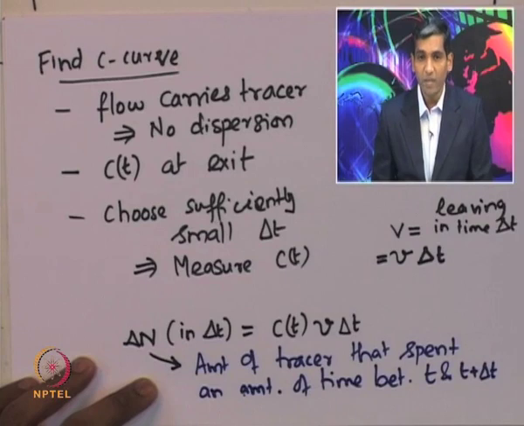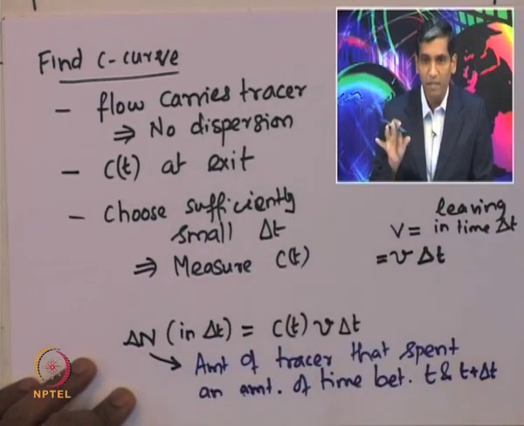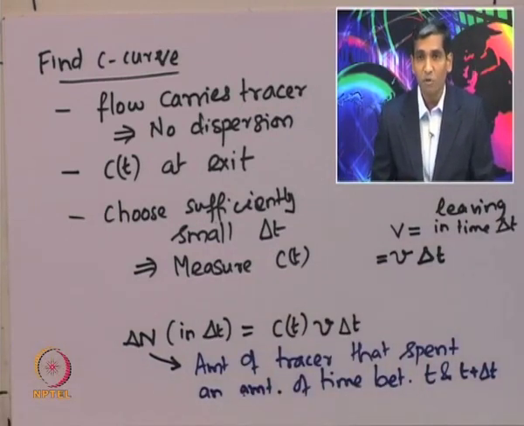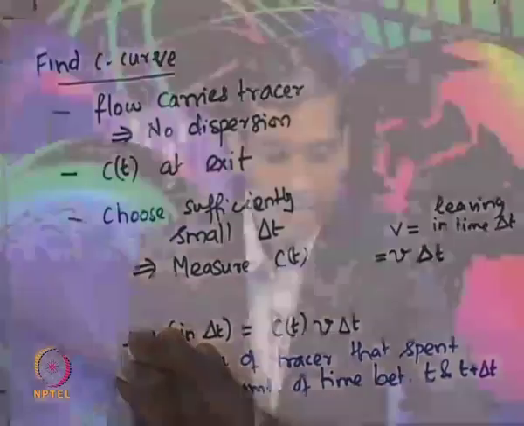So, what this means is that this is the amount of tracer which has spent between t and t plus delta t inside the reactor.